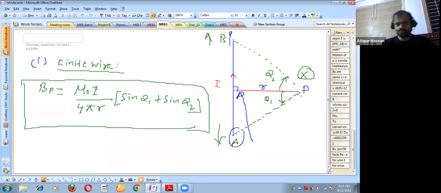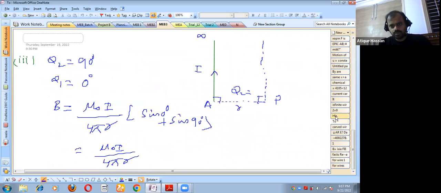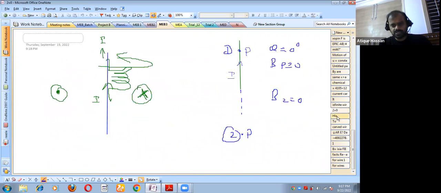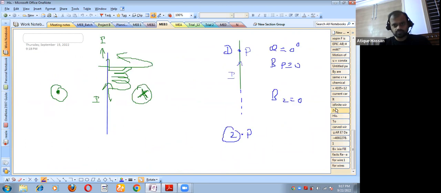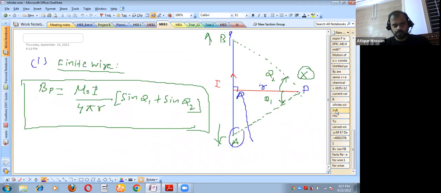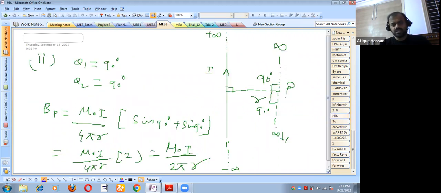Now we discussed the special cases. If the wire is infinite, theta 1 is 90 degrees and theta 2 is also 90 degrees, so we get the magnetic field as mu naught I by 2 pi r.